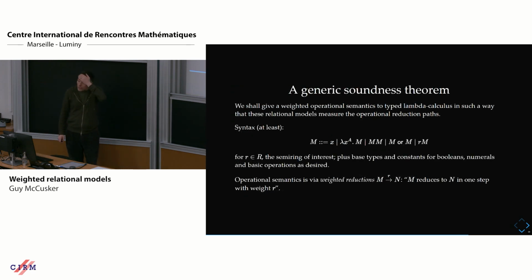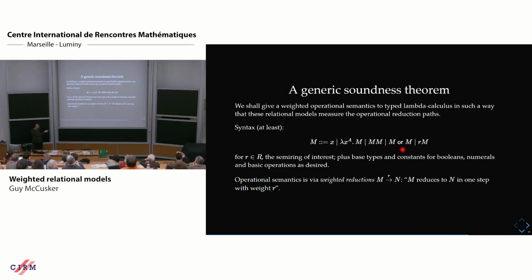Okay, so what we end up doing is giving a weighted relational model to the typed lambda calculus and giving a weighted operational semantics to the typed lambda calculus and then proving a generic soundness theorem that connects the two. So you can have a syntax like this. We have at least the typed lambda calculus like that, and we have this choice operator, and we have this idea of weighting a term.